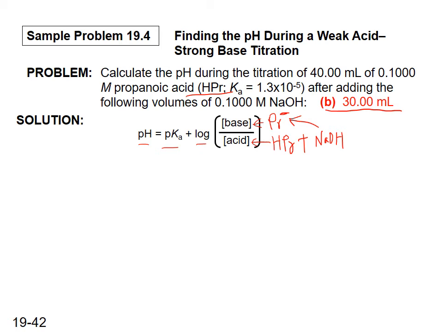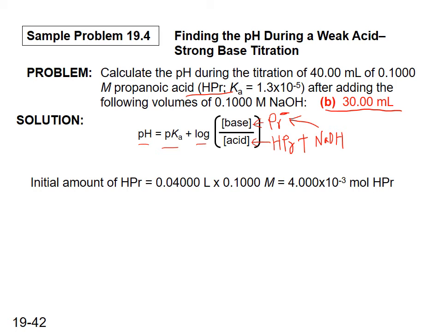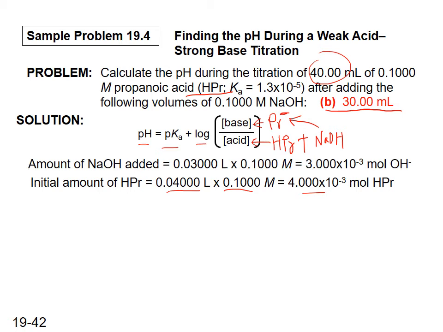So to calculate the concentrations, we first calculate the number of moles. The total number of moles of acid is the volume, 0.04 liters, given here as 40 milliliters, times the molarity. The sodium hydroxide is the volume, 30 milliliters, times 0.1 molar, and that gives you the number of moles of hydroxide added.